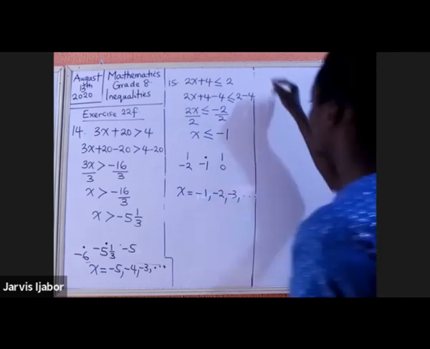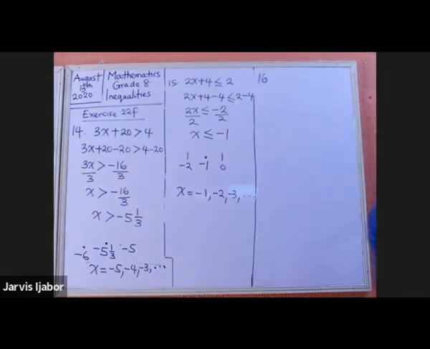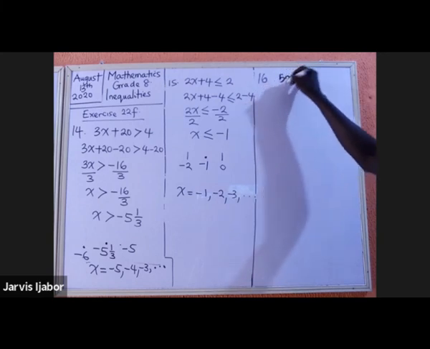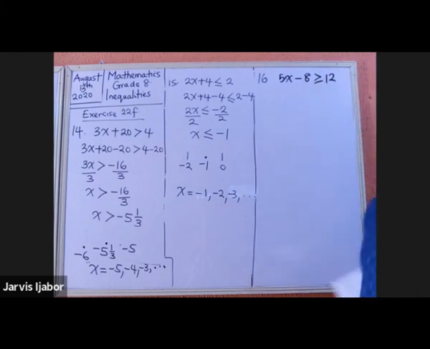Question 16. Okay, question 16, we have that 5x minus 8 is greater than or equal to 12.